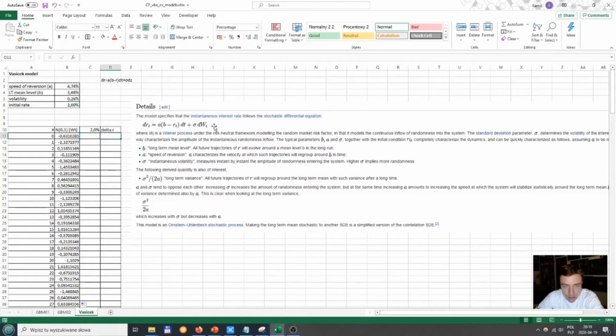So if we have this formula, we will be interested in calculating the speed of reversion times the difference. So the difference, if I have a long-term mean here and my current level is 2%, right?